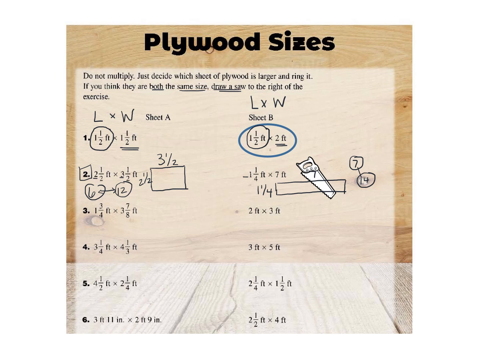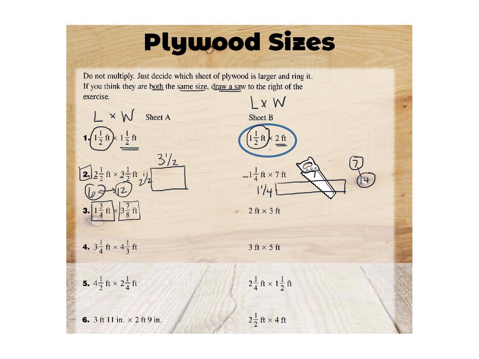All right, question number 3. 1 3/4 times 3 7/8 is our first piece of wood, and 2 feet times 3 feet. So in our first dimension, length, A is smaller, but then in our second dimension, A is bigger.